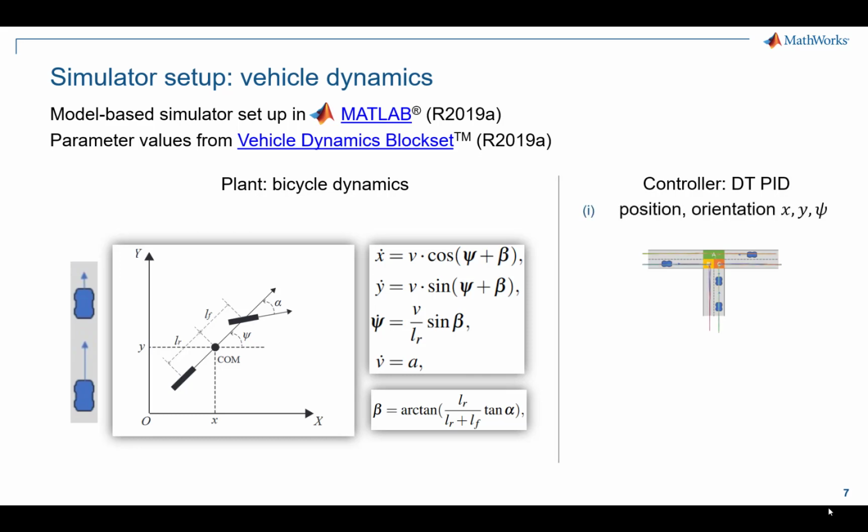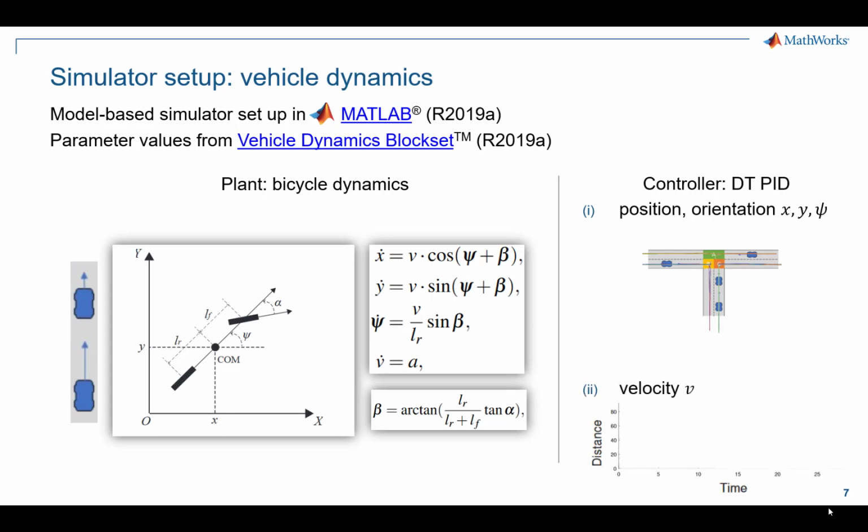On the controller side, we use a discrete time PID control, and here it's basically tracking reference profiles. So in terms of position and orientation as well, the reference trajectory is basically just given by the intersection geometry, and here you see some example trajectories overlaid on top of the intersection geometry.